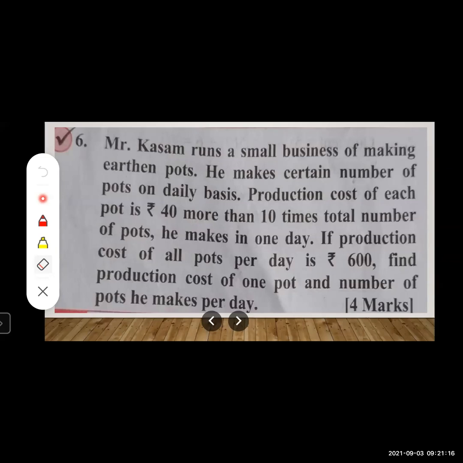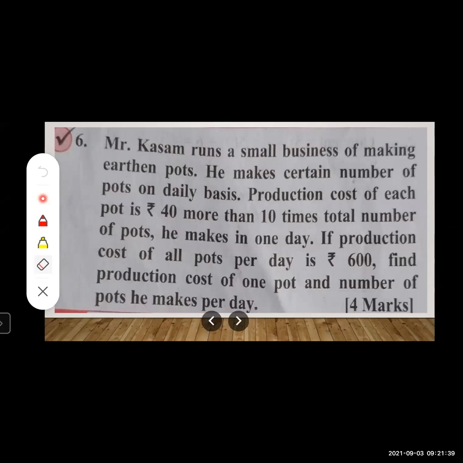This particular question is of 4 marks. This is generally asked in question number 4 or 5. It is a logical question. Based on your logic, you have to analyze this sum very carefully. Very simple sum it is.